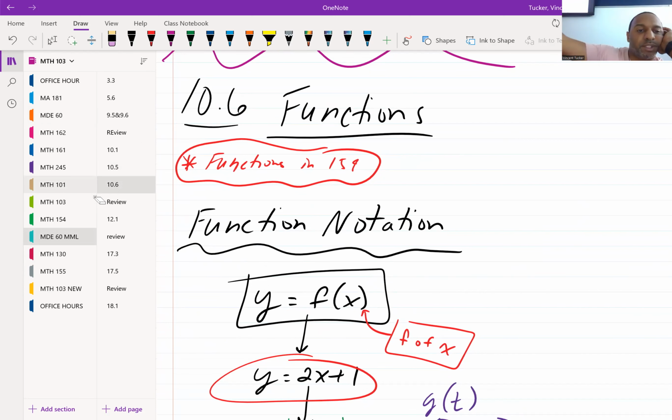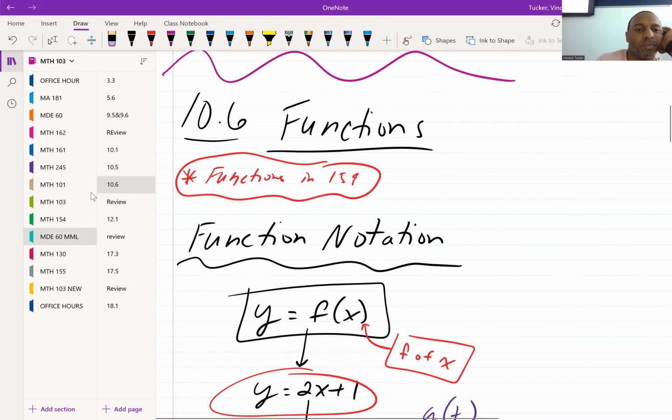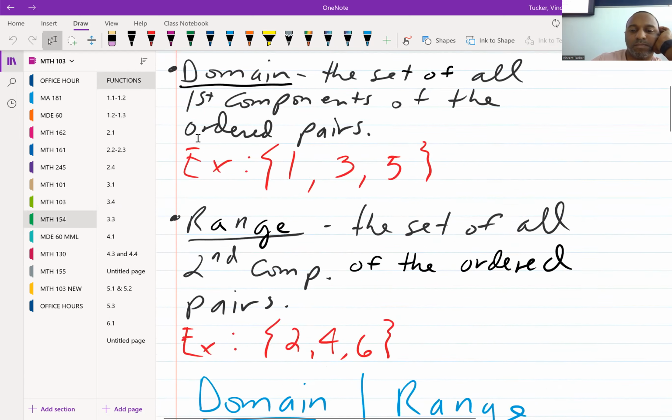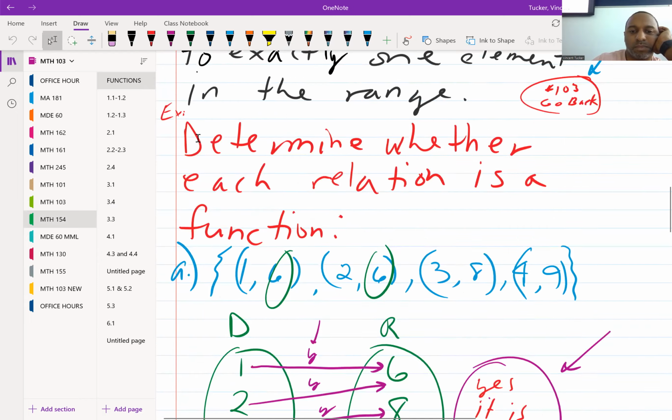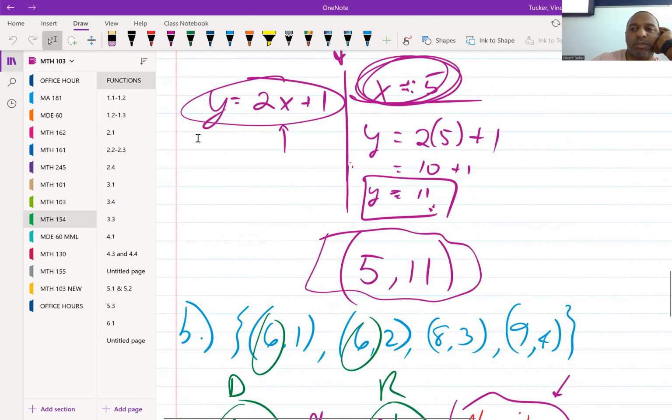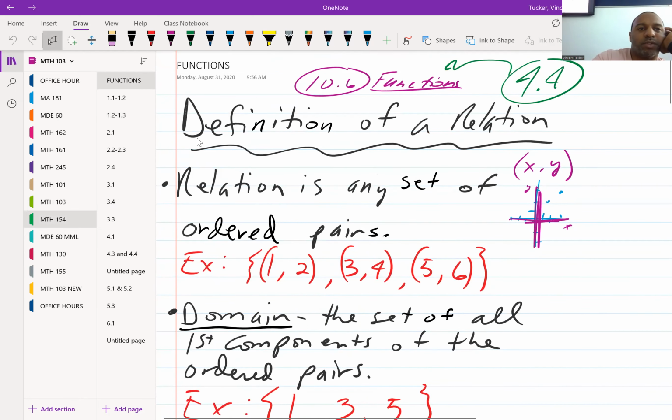Last section out of chapter 10. Okay, I got a good place to start. Okay, cool. All right, so let's introduce functions.